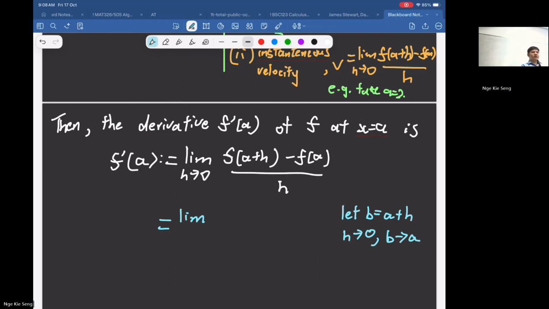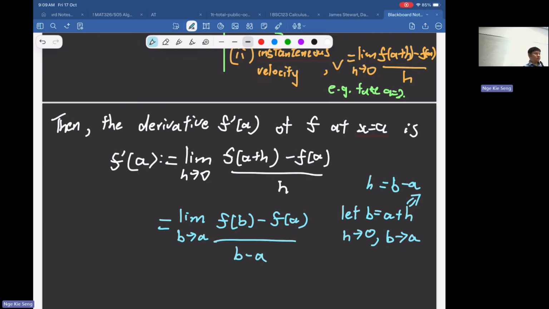So we can rewrite this limit as b goes to a of f(b) minus f(a), over h, where h is just b minus a. In this form you can see that b and a are different x values, and f(b) minus f(a) looks at the difference of the values of f taken at b and a.